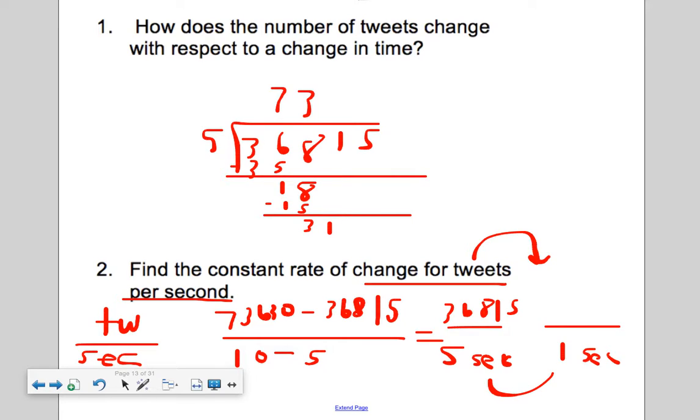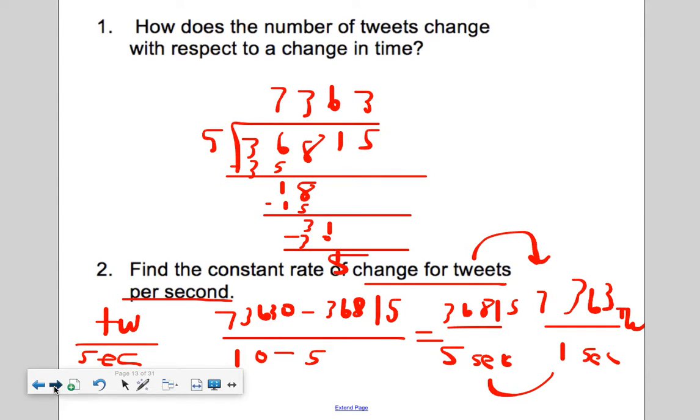How many 5s go in 31? 6 times. 31 minus 30 is 1. Bring down the 5. How many 5s go in 15? 3 times. So there are 7,363 tweets, I could draw a bird, for every 1 second. That's a lot of tweets. So that's the rate of change.